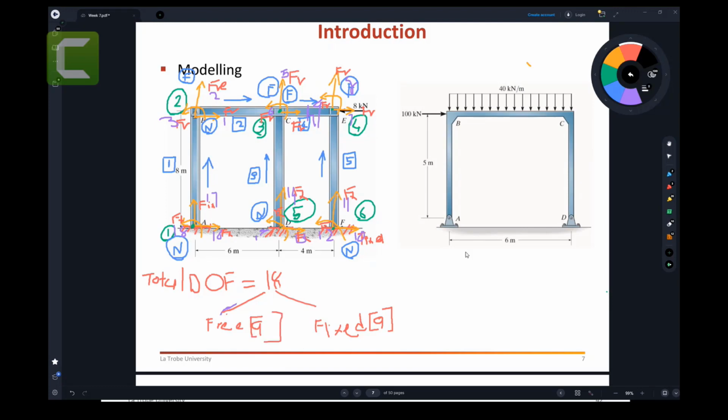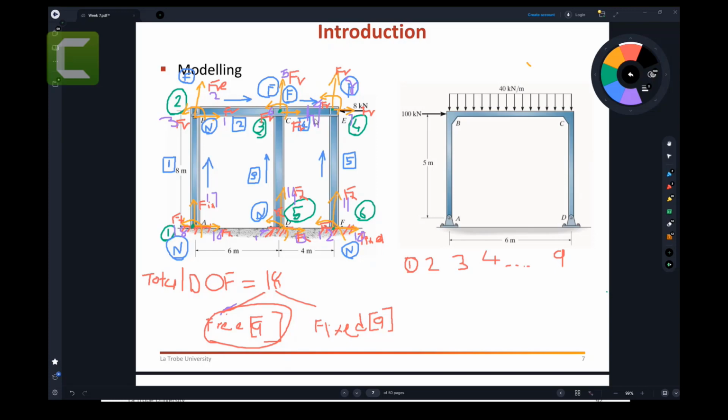Now out of 9, I have an option to put the first degree of freedom, right? Because that is the lowest, number 1, number 2, number 3, number 4, and up to number 9. Those degrees of freedom starting from 1 to 9 fall in the free degrees of freedom. So the free degrees of freedom get the lowest numbers.